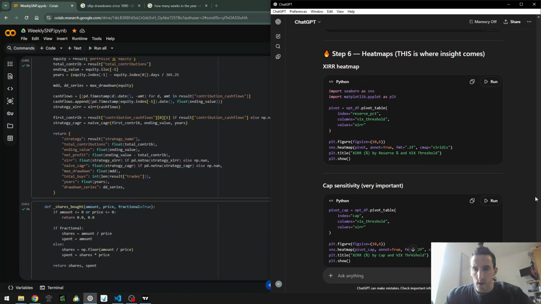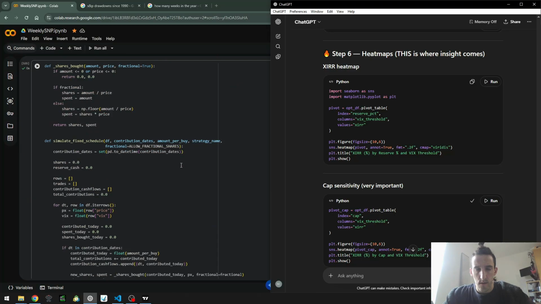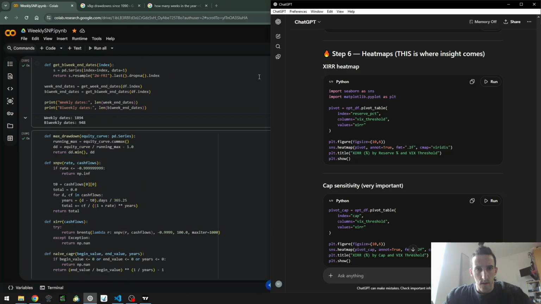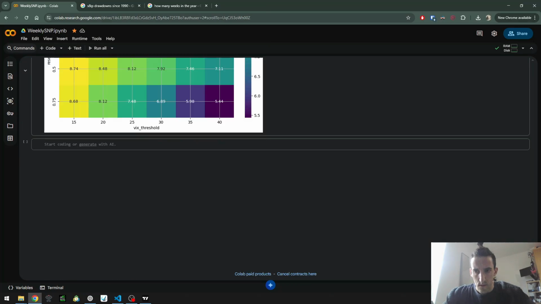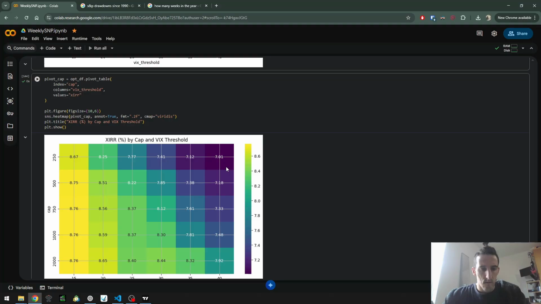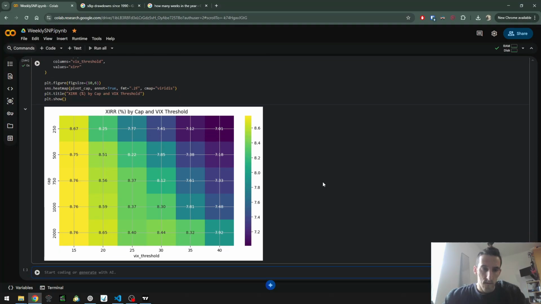Heat maps with those. Cap sensitivity, very important. Hey, actually, I don't think we did. Again, the smallest the VIX spike, the better. The biggest the cap, the better.